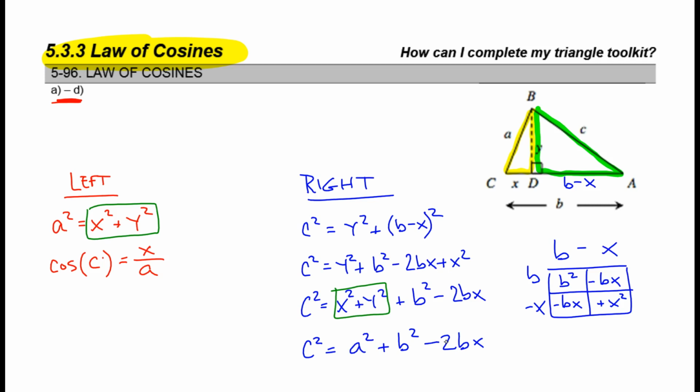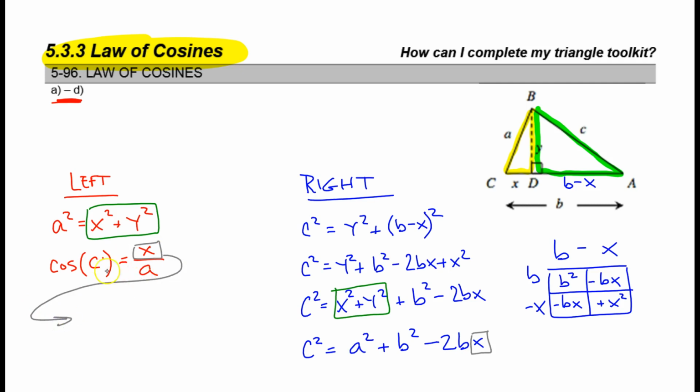Let's take a look at this. I've got x right here. But I also have an x over here. So let's see what happens if we rearrange this.